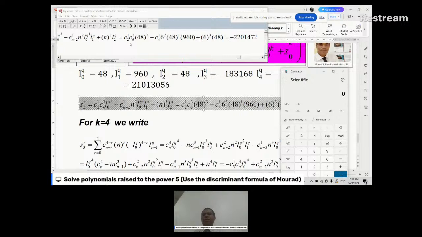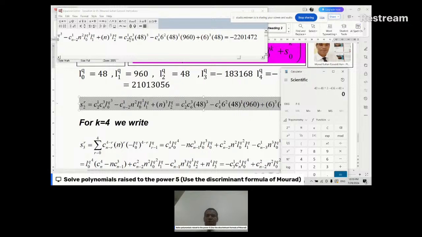Here, learners, it will be combination 20 choose 2, that means 40 times 48 cubed, 48 raised to the power 3, correct, minus 4 times 36 times 48 times 960. I will repeat again.